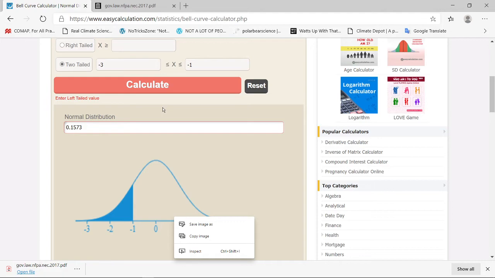So let's do another standard deviation. Let's go up to mu plus 3 sigma. And let's do another standard deviation. Mu plus 4 sigma. And another standard deviation. Mu plus 5 sigma. We've reached the point where the size of this tail is absolutely tiny, minuscule.